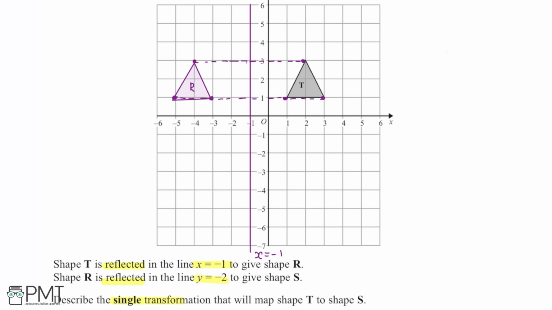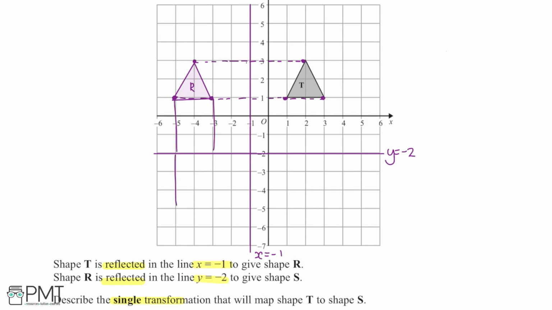Now moving on to shape S, shape R's reflected again, but this time in the line y equals -2 to give us shape S. So if I draw in the line where y equals -2, and just label that up, I can then reflect R in this. So these points are 3 squares away from this line.